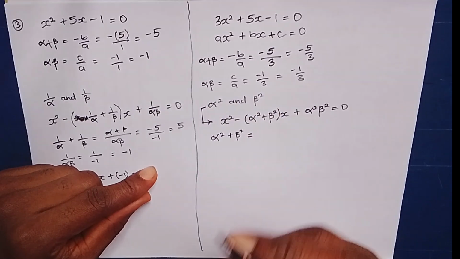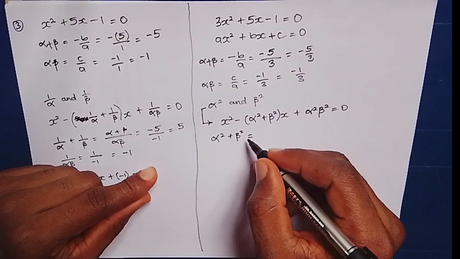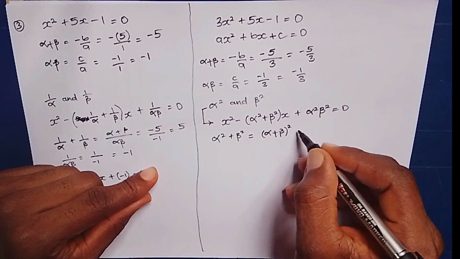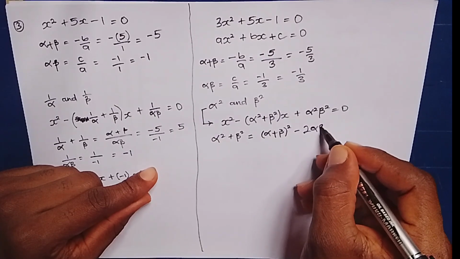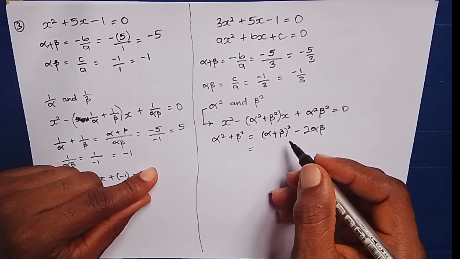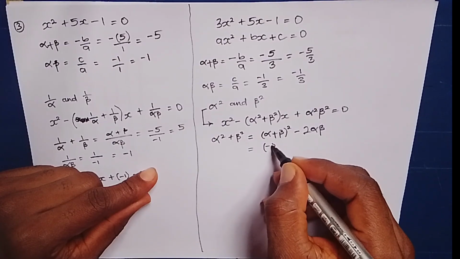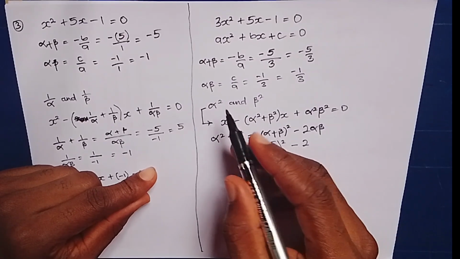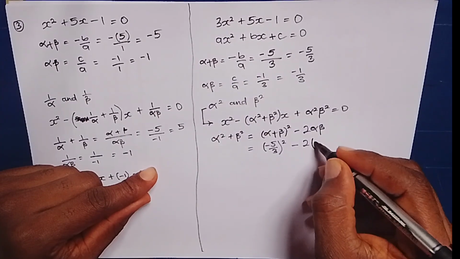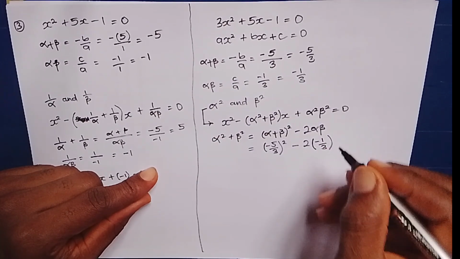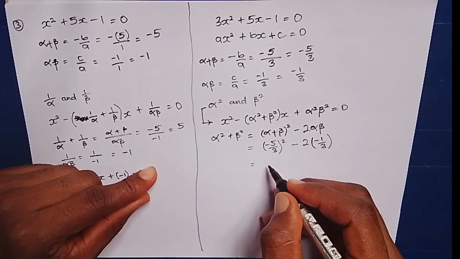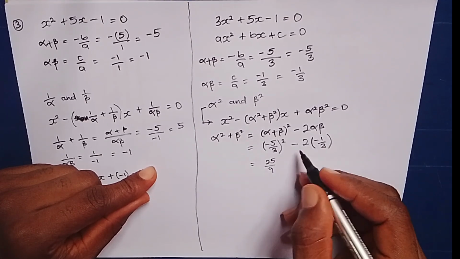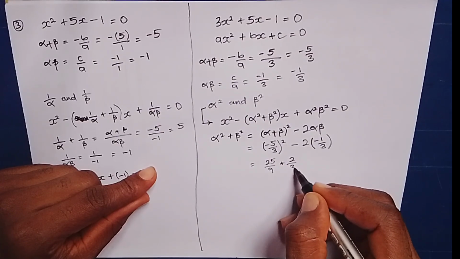I've already established from the earlier examples that alpha squared plus beta squared is equal to alpha plus beta all squared minus 2 alpha beta. So what is alpha plus beta? We have minus 5 over 3 all squared minus 2 times alpha beta, which is minus 1 over 3. So this becomes 25 over 9 plus 2 over 3.